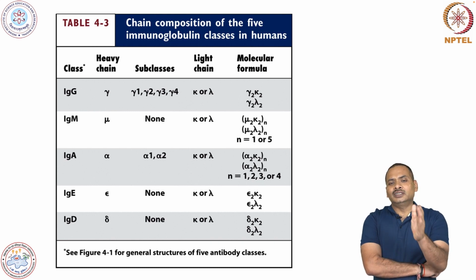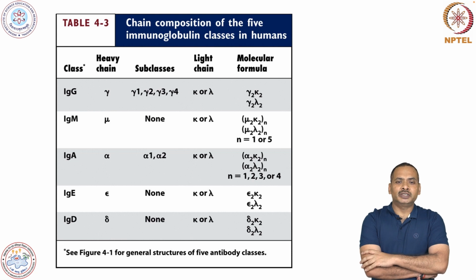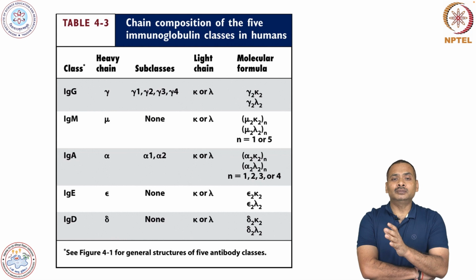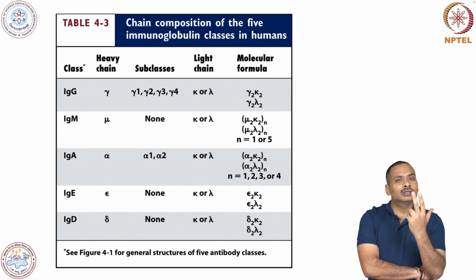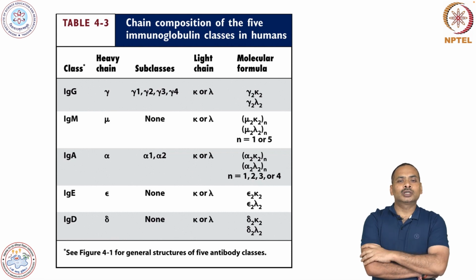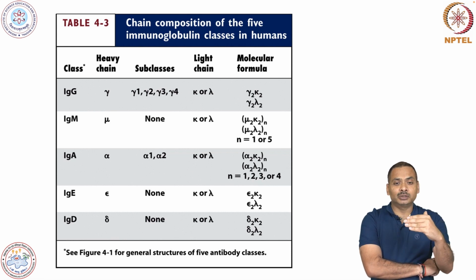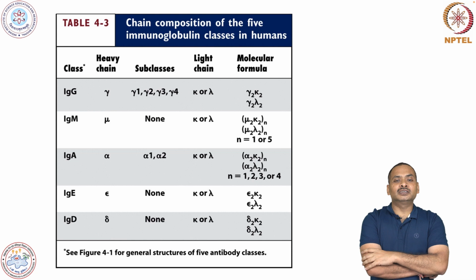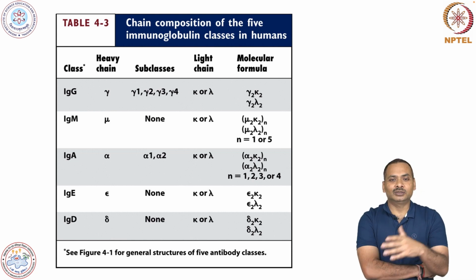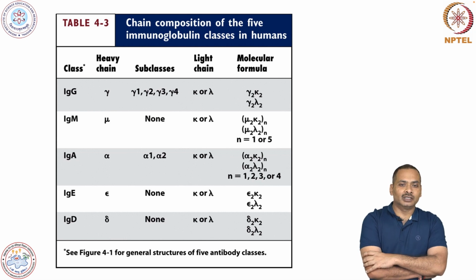Then the molecular formula, for example gamma 2 kappa 2, means the heavy chain is 2 gamma heavy chains and 2 kappa chains. That is one possibility. Another possibility is 2 gamma chains along with 2 lambda chains. So this is a kind of molecular formula.